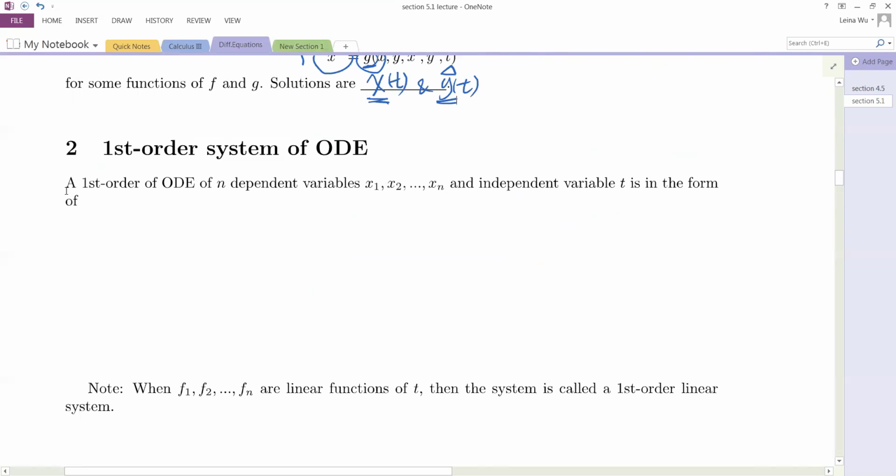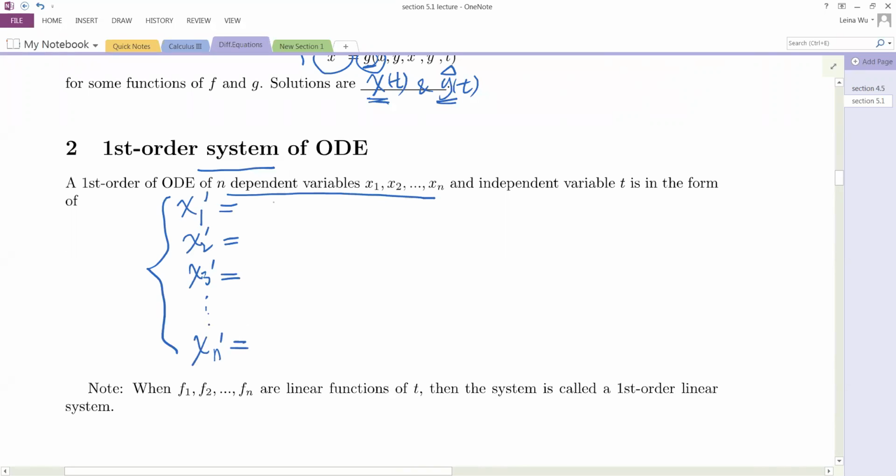So let's first think about what the first order ODE will look like. Any thoughts? Now suppose we're looking at a first order system, and there are n dependent variables, x1, x2, and so on. So we should have n equations. The highest order is first: x1 prime, x2 prime, x3 prime, up to the last one, xn prime.